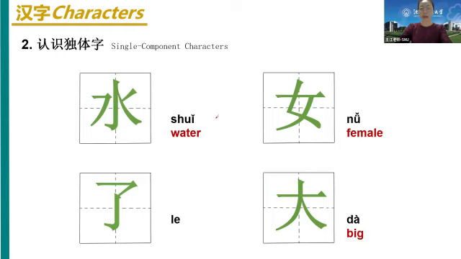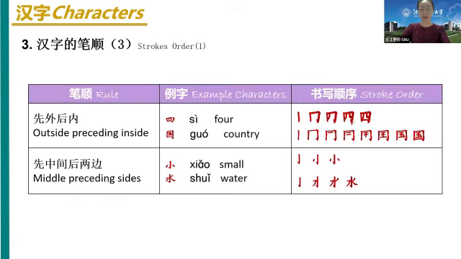Okay, so please take a screenshot. Take a screenshot, okay? And these are the assignments for you this week, okay? And let's learn the stroke order. When we write such characters, we should write outside preceding inside.